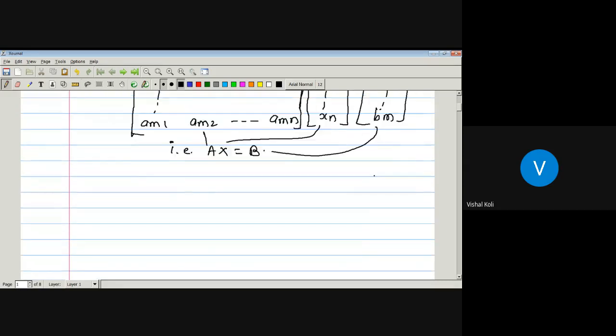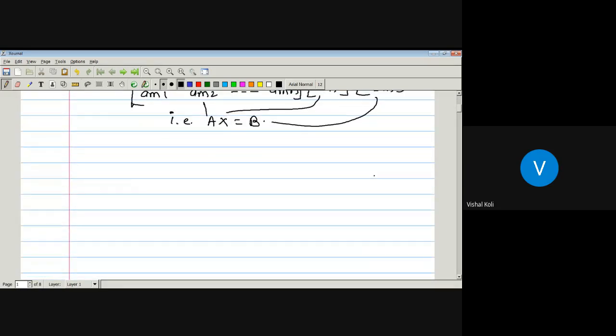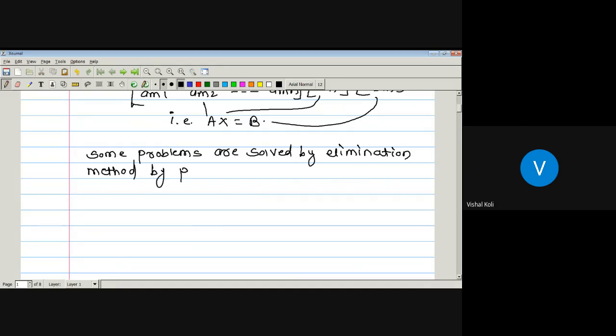Okay, now some problems are solved by the elimination method, by performing elementary row transformations.